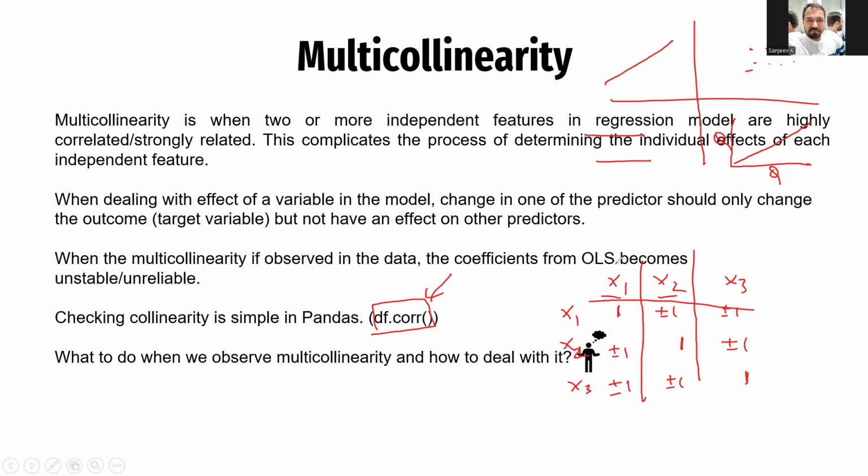When I check my correlation for x1 and x2, it should be very close to 0.2, or if it is 0, it is very good. Anything beyond 0.6 or 0.7 would not be good for the model, because again, because of the causation problems, the betas which you are going to find out would be unreliable.